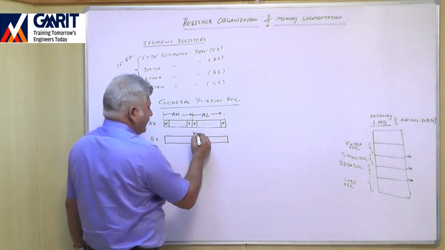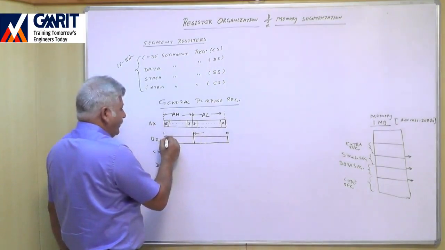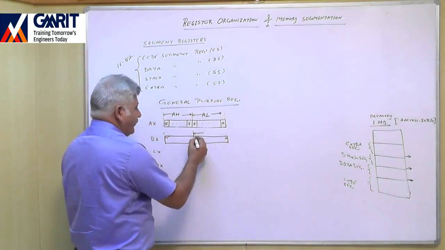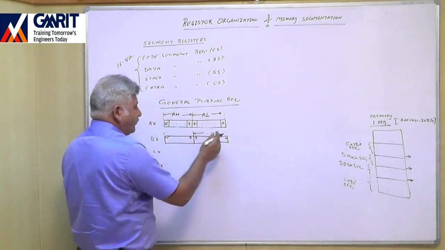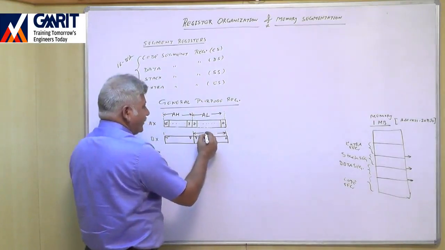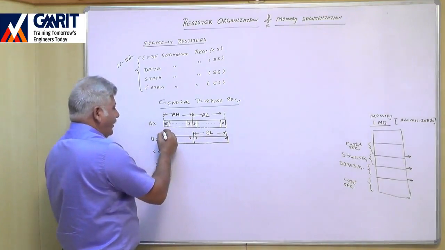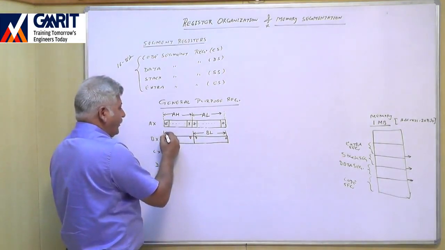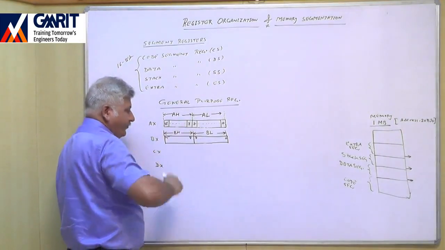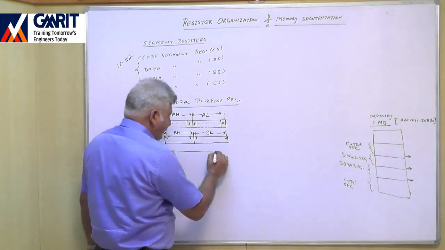This is bit number 0 and this is bit number 15, with bit number 7 and bit number 8 in the middle. Bits 0 to 7 of the BX register can be accessed by the name BL, and the higher 8 bits of the BX register can be accessed by the name BH. The same way for the CX register also.